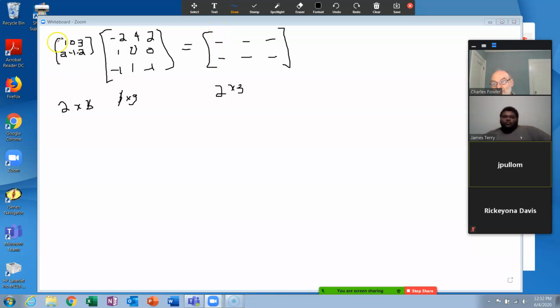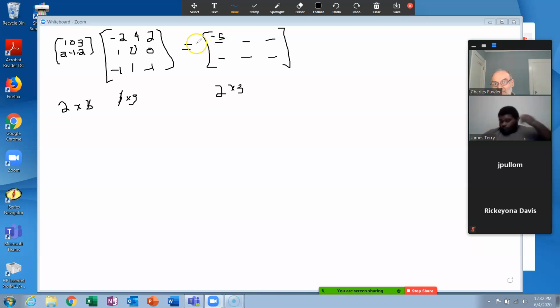So I'll take the first row of the first one by the first column of the second one. 1 times -2 is -2, plus 0 times 1 is 0, so that's still -2, plus 3 times -1 is -3. So -2 plus -3 is -5. Perfect.